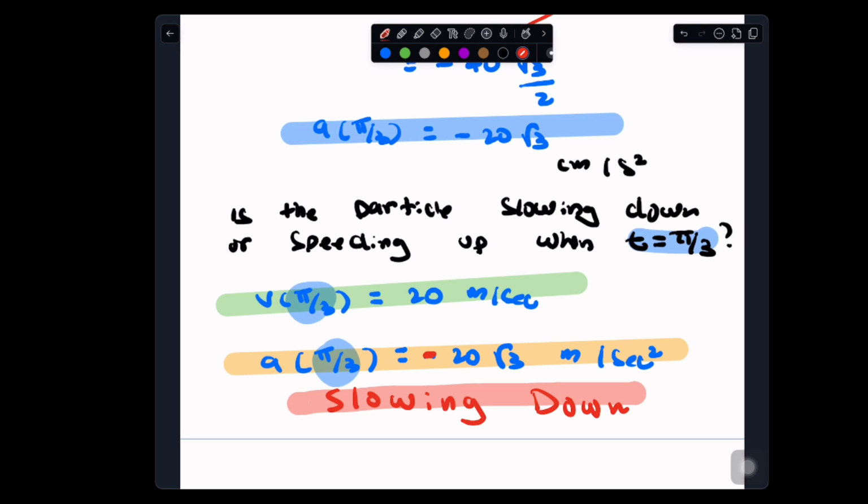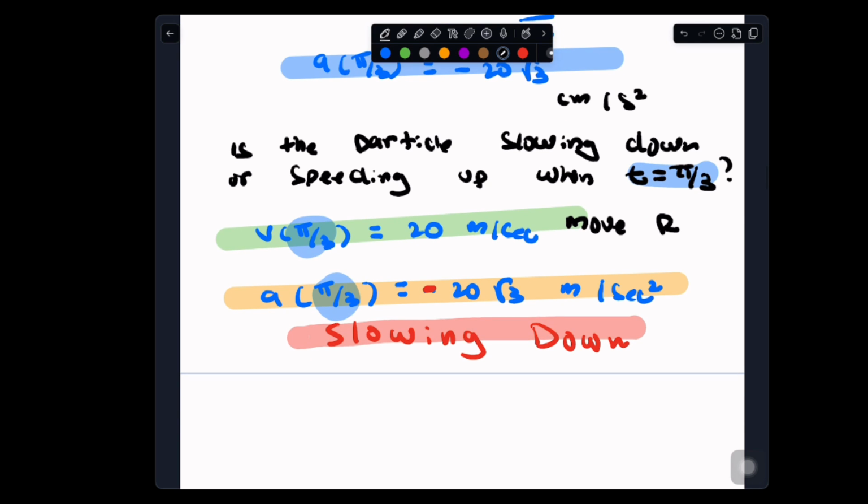Remember, velocity says this particle is moving to the right. However, the negative acceleration means it's being pulled to the what? To the left, the negative direction, backwards, if you will. So because they're opposite in sign, that means the particle is slowing down at that point. All right, you guys good with that one?